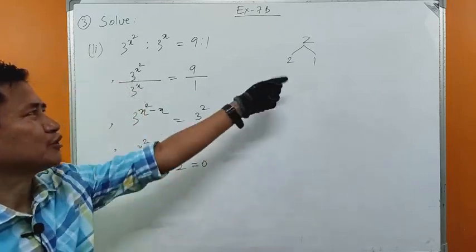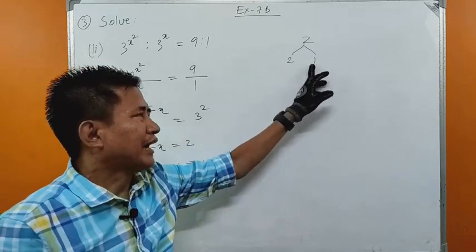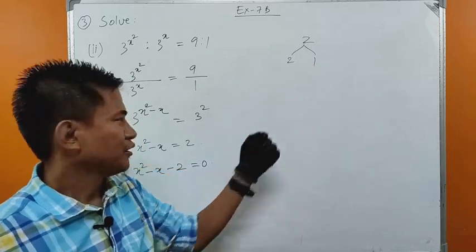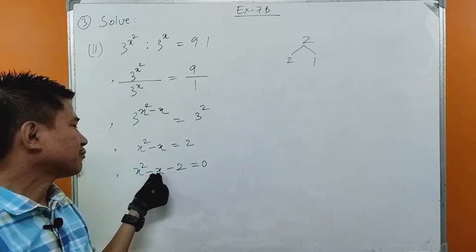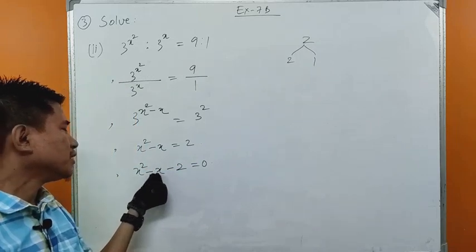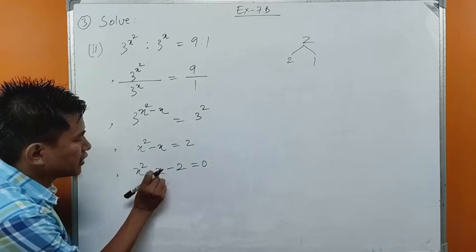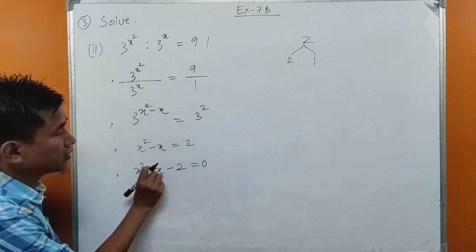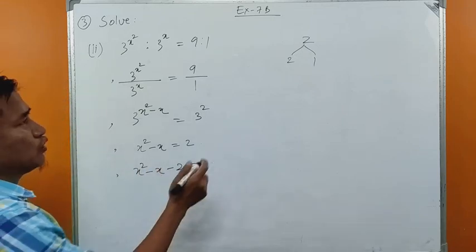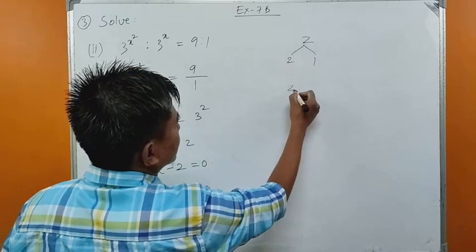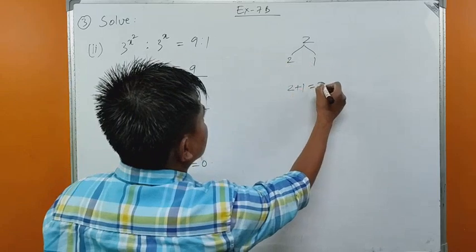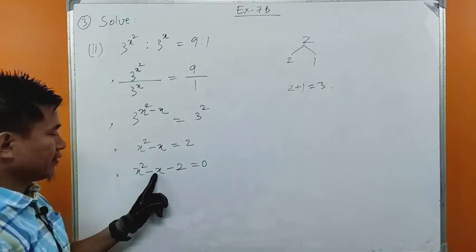But you can either add or subtract the factors, and after that you must get the coefficient of the middle term. What is the coefficient of x? The coefficient is 1, isn't it? So if I add these two numbers, I get 2 plus 1 is 3, which is not equal to 1, isn't it?